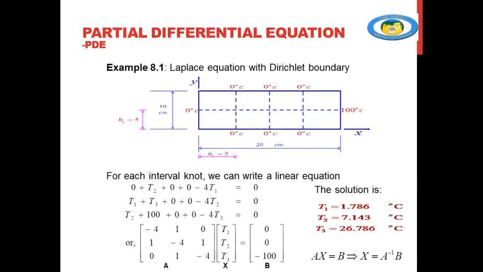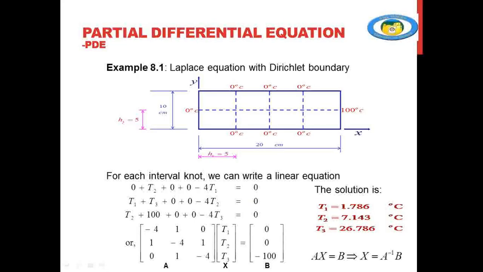So ultimately, you would come up with this set of equations, representing the coefficients matrix by A, the values of the unknowns T1, T2, T3 by X, and the right-hand side by B matrix.